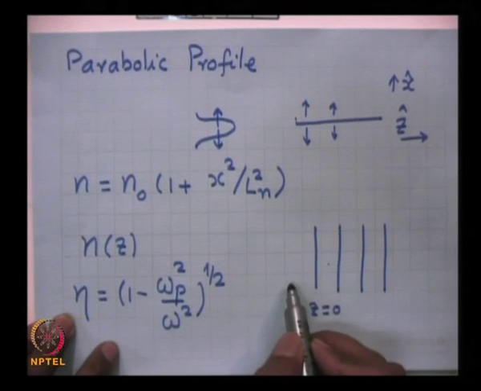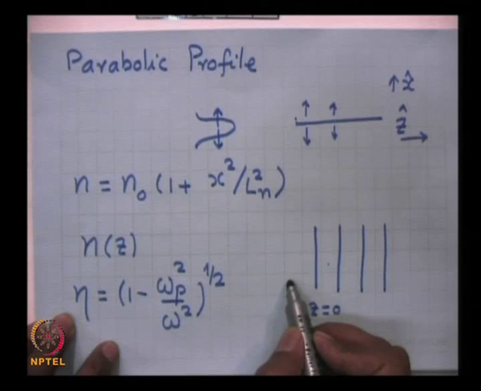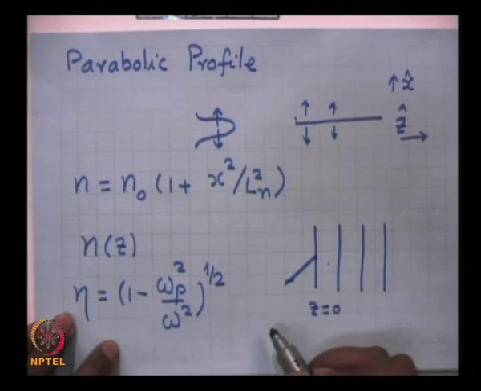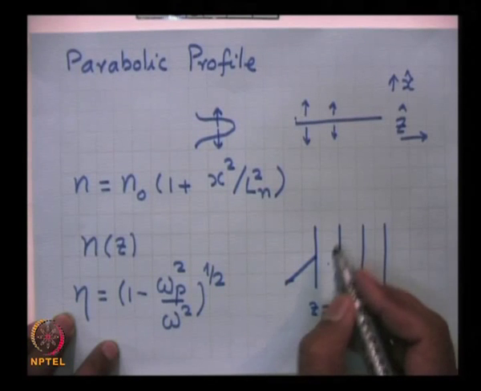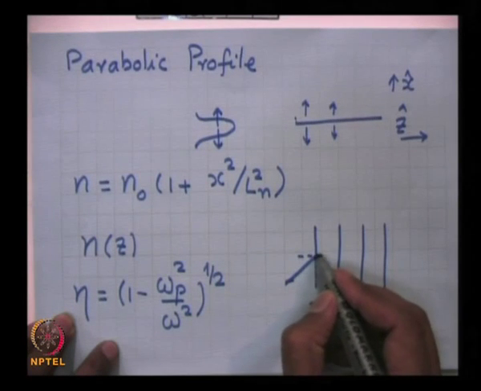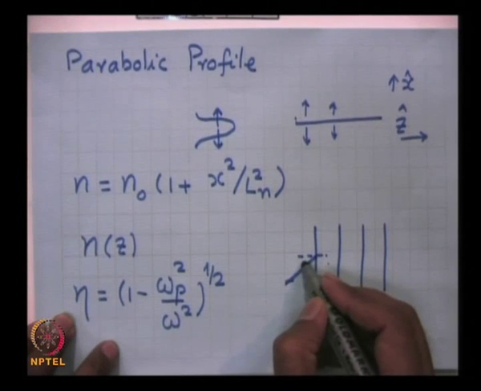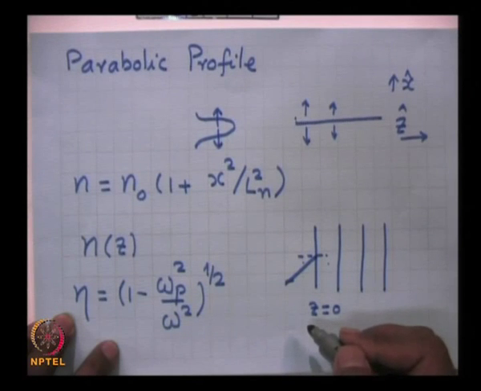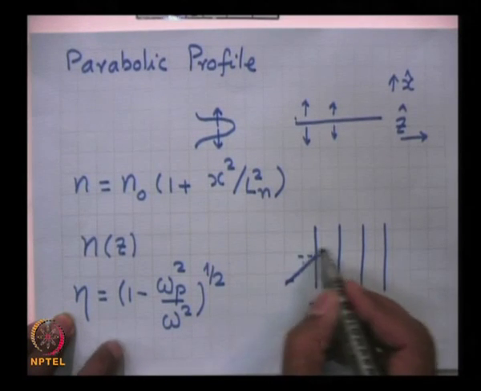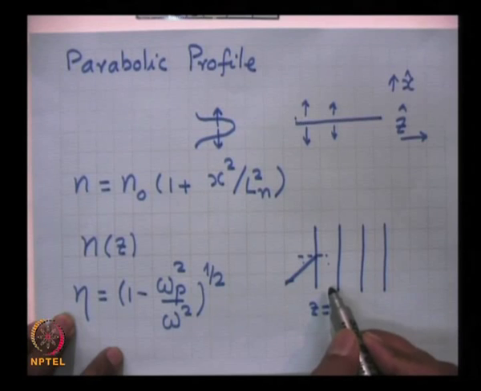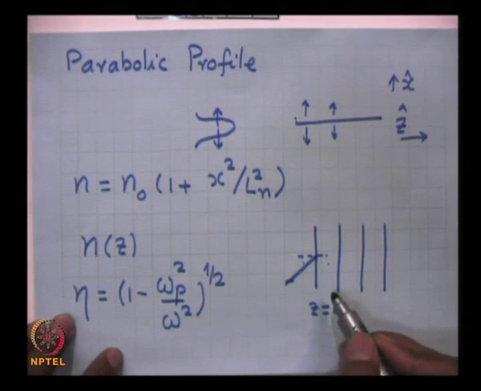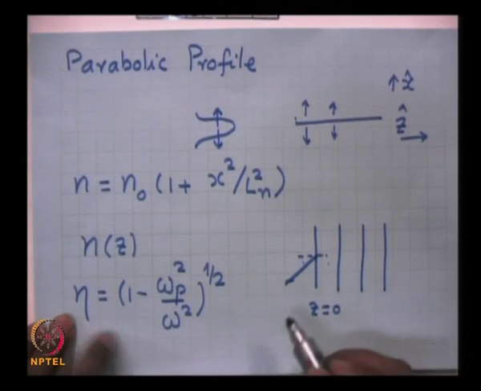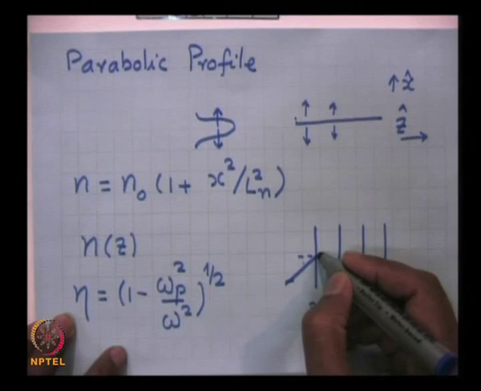So, if you are launching a wave in free space from here at some angle, then this ray goes from free space into the plasma, which is an optically rarer medium having refractive index less than 1, and then into layers of ever rarer medium. So, this will move away from the normal.